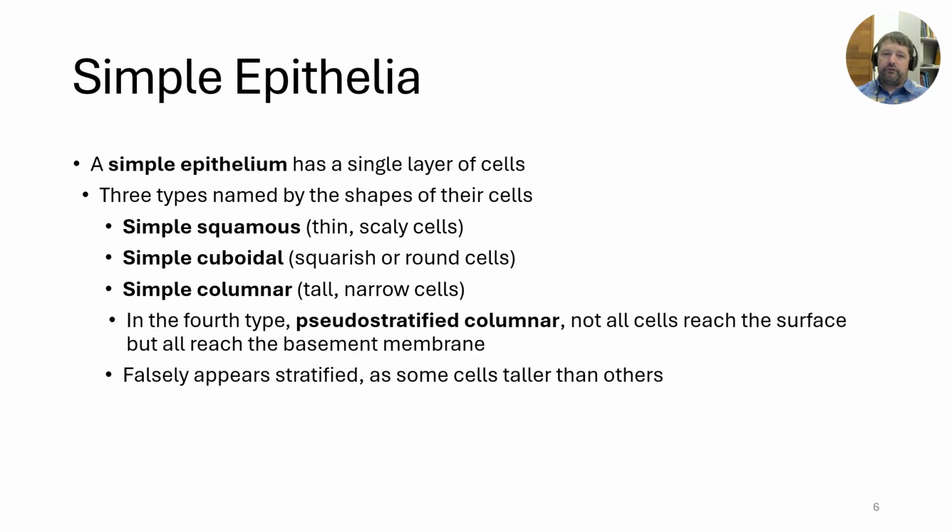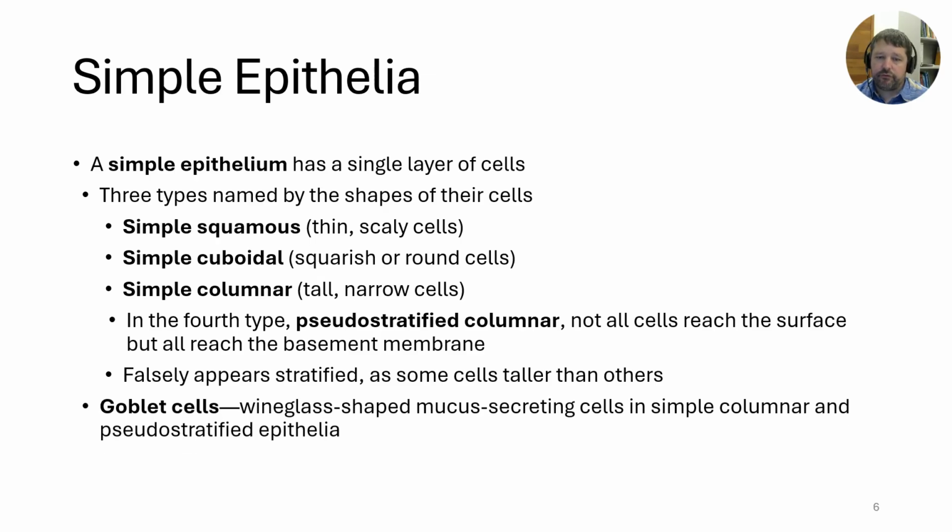Depending on where this is, you might have a portion of them that are stratified, with cells on top, and a portion that are not stratified and are simple, going all the way from the apical to the basement. But it's false stratification. That's where it comes in. Not all cells reach the surface, but all reach the basement membrane. So it's halfway in between being simple and stratified.